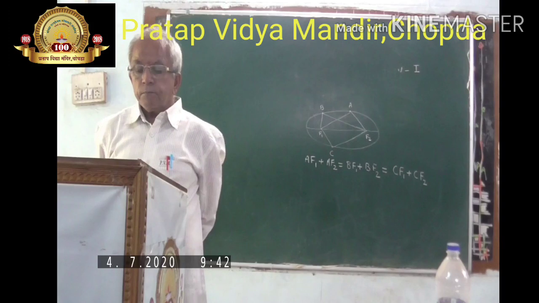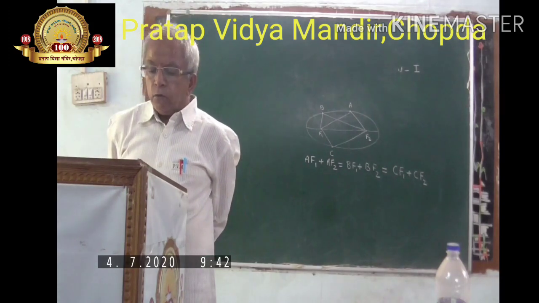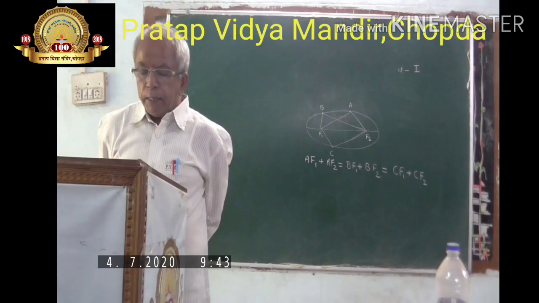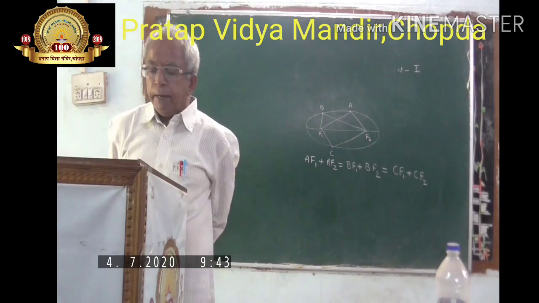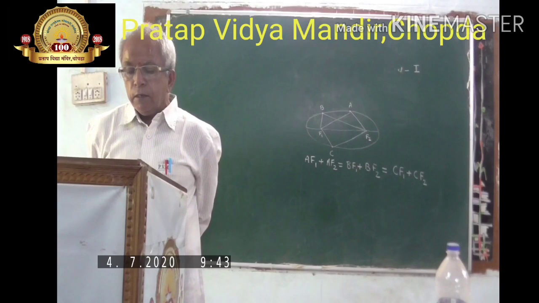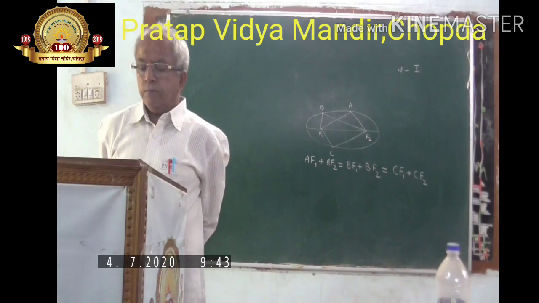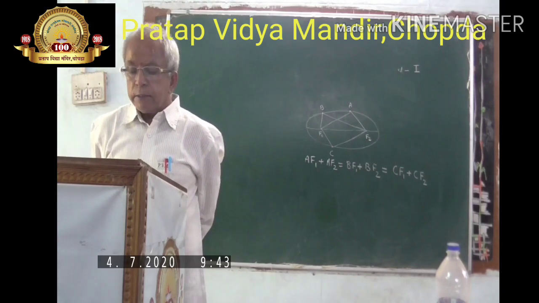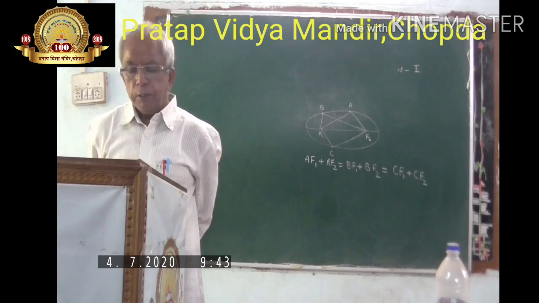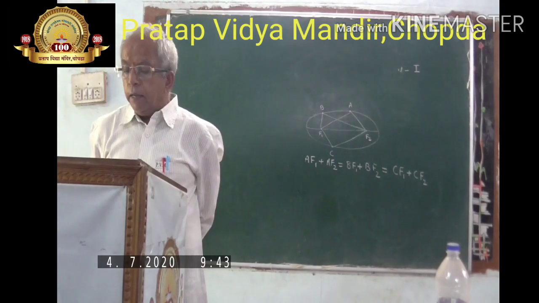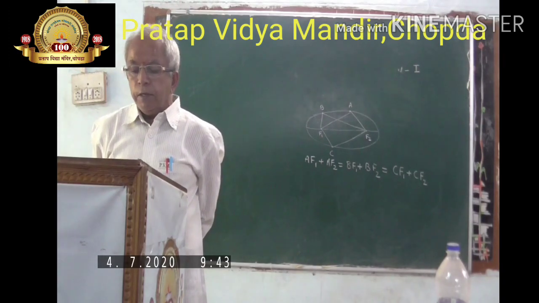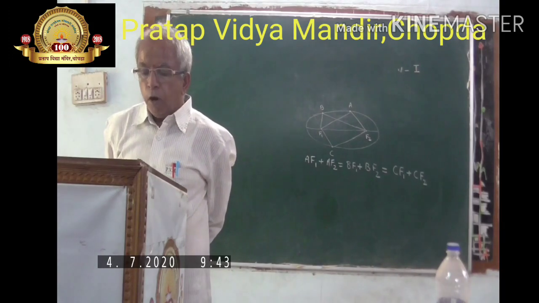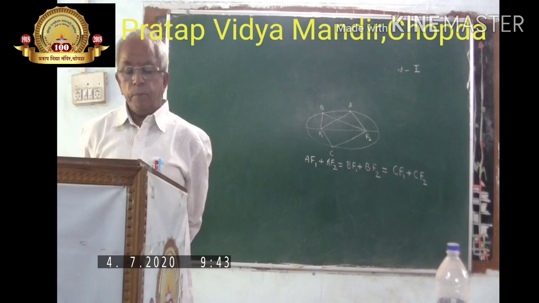In that figure, according to first law, the elliptical orbit of a planet revolving around the sun is shown. In that figure, S stands for sun and A, B, C, D are the points for planets.